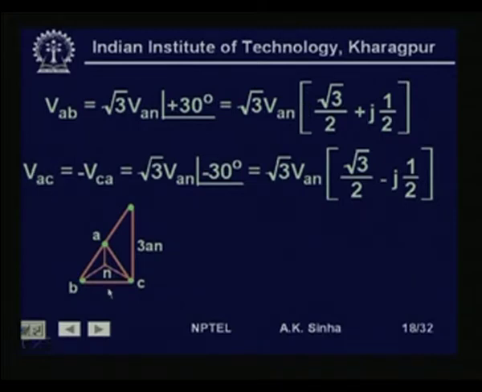Similarly, VAC is equal to minus of VCA, that is negative of VCA. This is equal to again root 3 times VAN, and VAC is at minus 30 degrees from the x axis. So, root 3 VAN with an angle of minus 30 degrees. This is equal to root 3 VAN into root 3 by 2 minus j half.